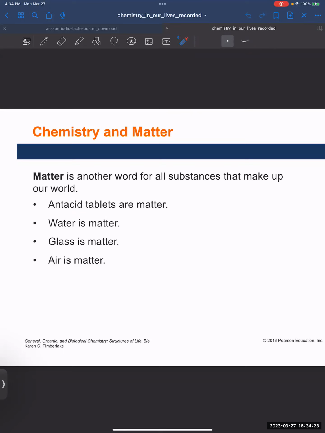Water can be a solid, it can be a liquid, and water is a liquid at room temperature. Glass is matter, and air is matter. So everything around us is matter, and it can be in different states of matter, such as solids, liquids, and gases. We'll dive in deeper, looking at the different states of matter in a later video.